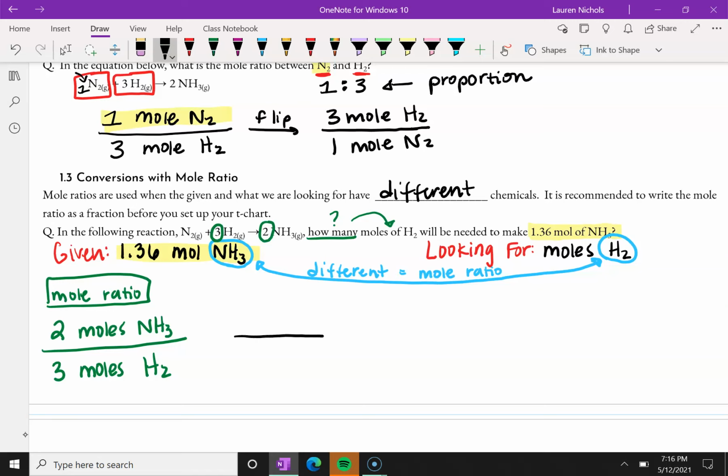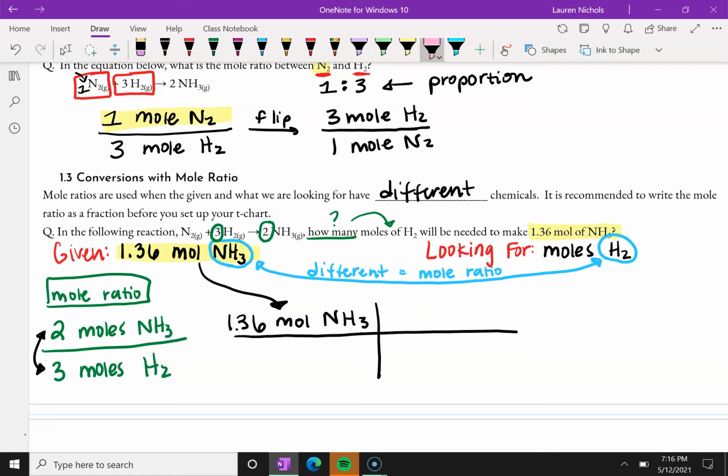So we set up our T-chart to make our conversions, and what we're given goes in that first spot right there. So we have 1.36 moles of NH3. And I know I need to use my mole ratio, but how do I know if I need this fraction or if I'm going to need to flip my numerator and denominator?